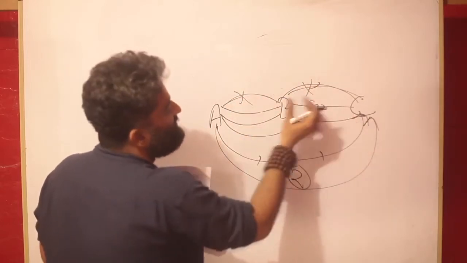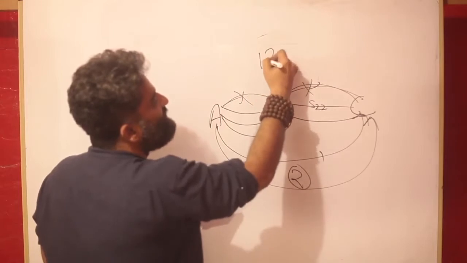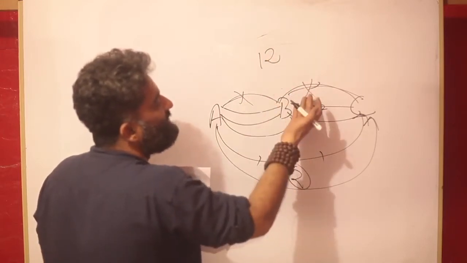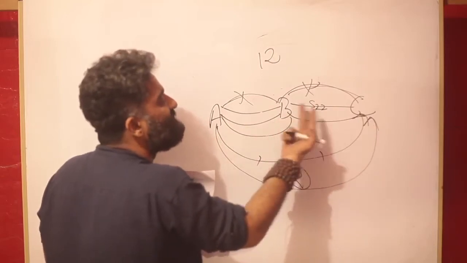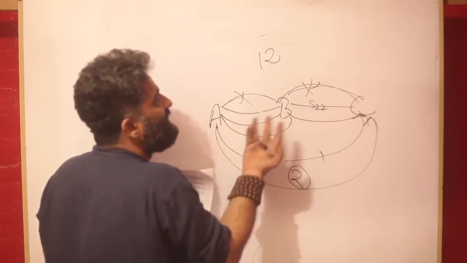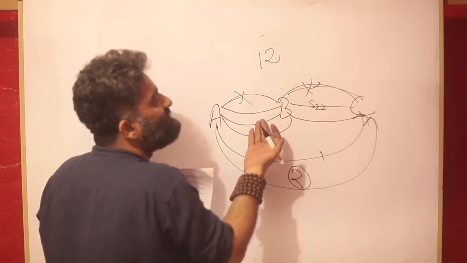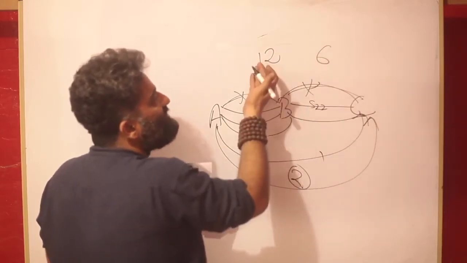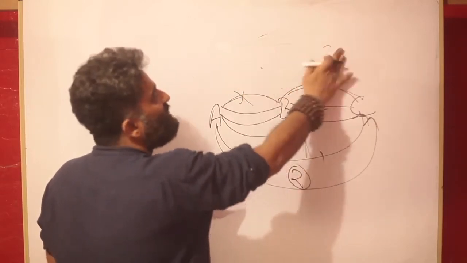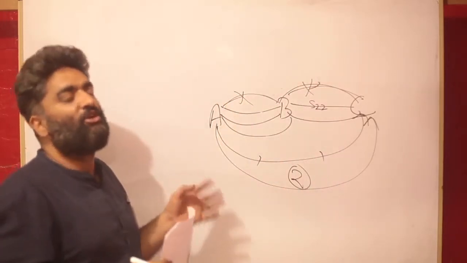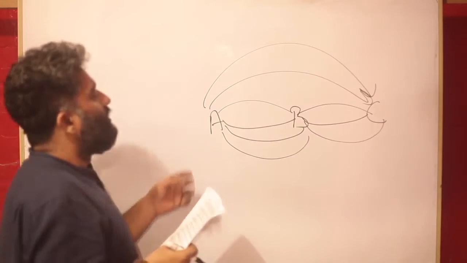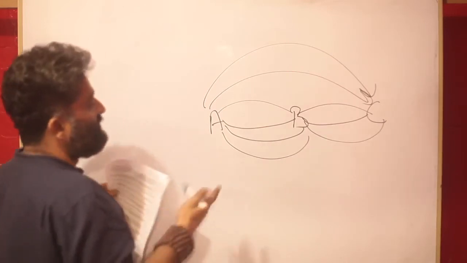I had counted these as 12 possible ways. How? 4 into 3. But now if I look at the coming back scenario, there are only 2 ways remaining and 3 ways remaining, right? And that means there are only 6 ways remaining. So the count is going from 12 to 6. So the logic that I had just used, that simply goes from 14 to 13, is not going to work, right?